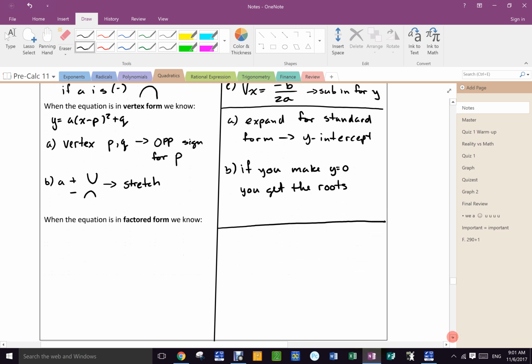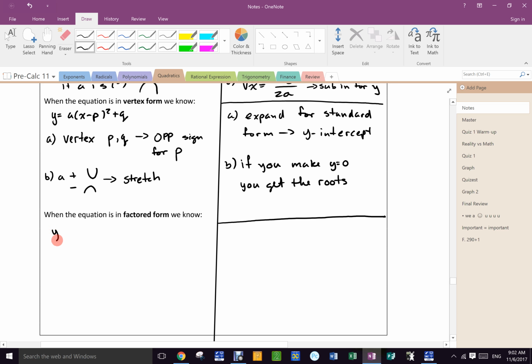And finally, if it's in factored form, which looks like this, should be plus or minus, really. What does that tell us? Gives us the roots.